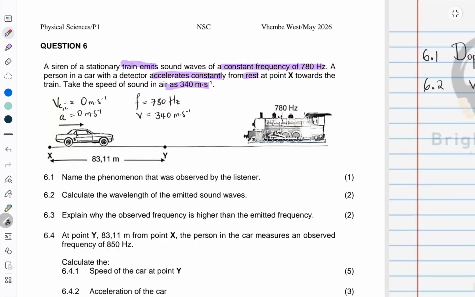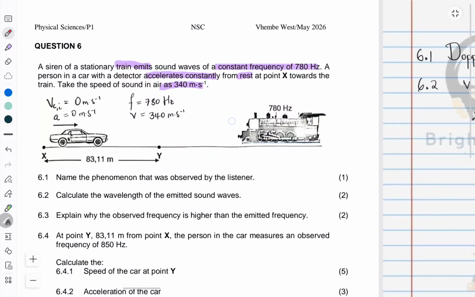So if the observer was stationary, remember, this is the emitted frequency. Let me remove this.